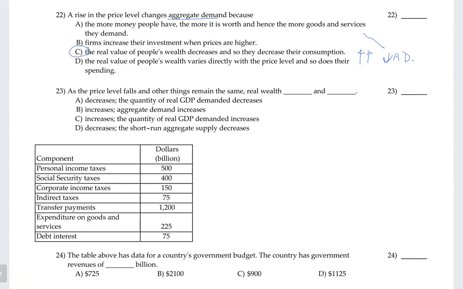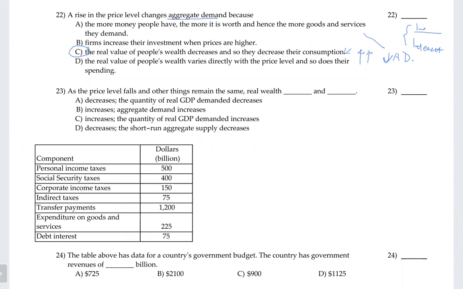There are two reasons: one is the income effect, the other is the interest rate effect. The income effect refers to here, because a higher price reduces your purchasing power, so your aggregate demand will decrease.